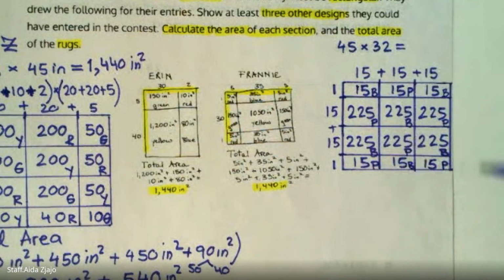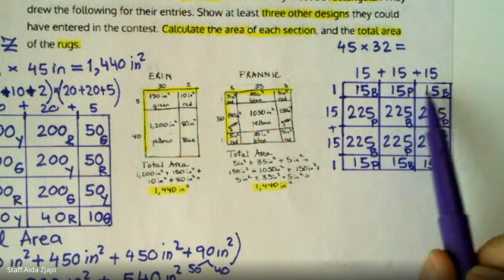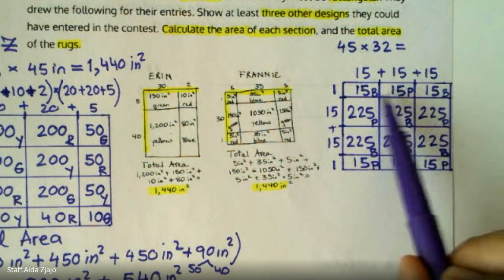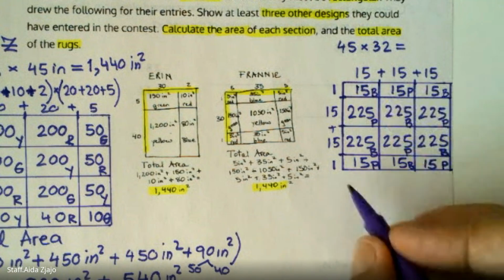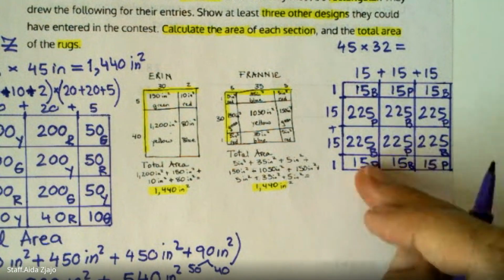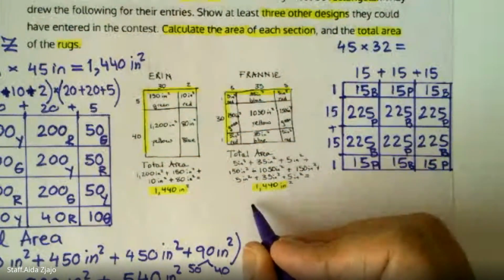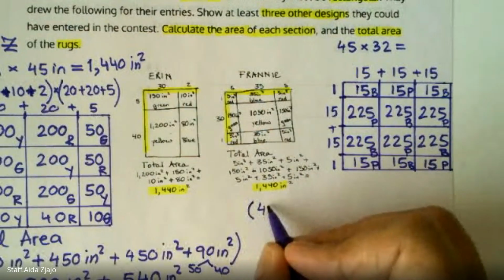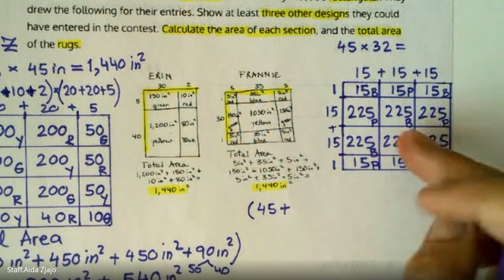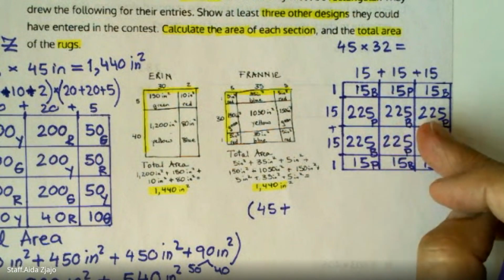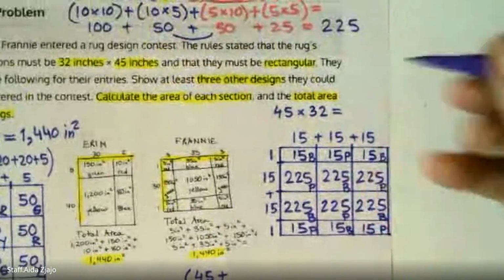So now let's add them together. You know that 15 plus 15 plus 15 is 45. So that is 45, and then this bottom is 45. So 45 plus 225 plus 225, that is 450 plus 225. If you struggle to add these together, there is a solution.